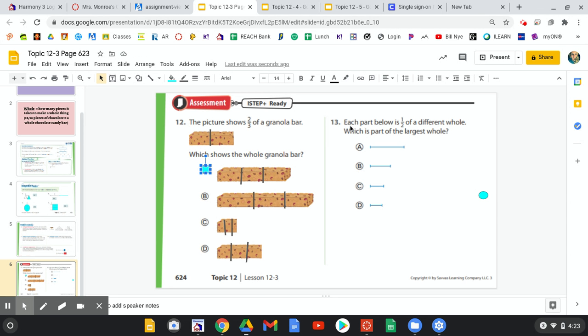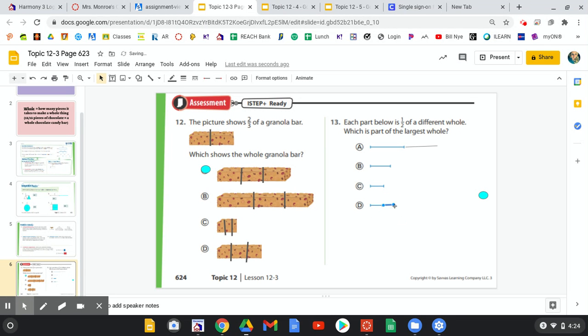All right, over here it says, each part below is 1/2 of a different whole, which is part of the largest whole. So hopefully you can realize that when you look at this, if I take another piece of this and add on here, it's going to make it a lot longer than if I made another piece, say on this one, and I scoot it over.